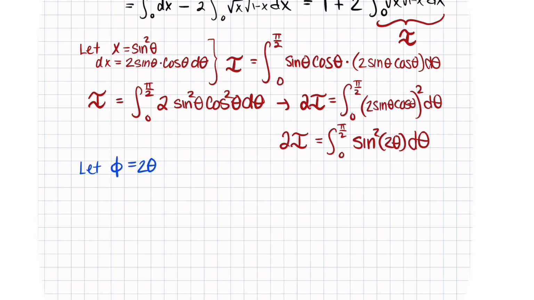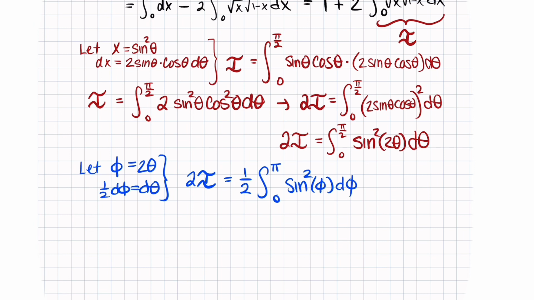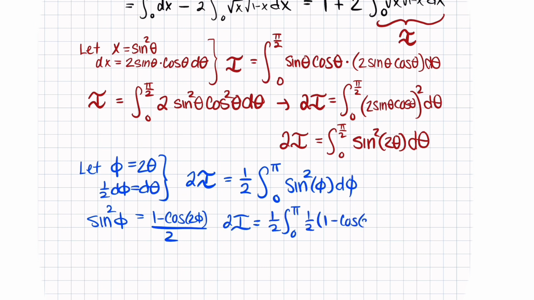Let's make another substitution. Phi is equal to 2 theta. And we can evaluate this integral now as 1/2 the integral from 0 to pi of sine squared phi d phi. Sine squared phi can be written as 1 minus cos 2 phi over 2, and that'll make the integral a little bit easier to evaluate rather than trying to work out the square.